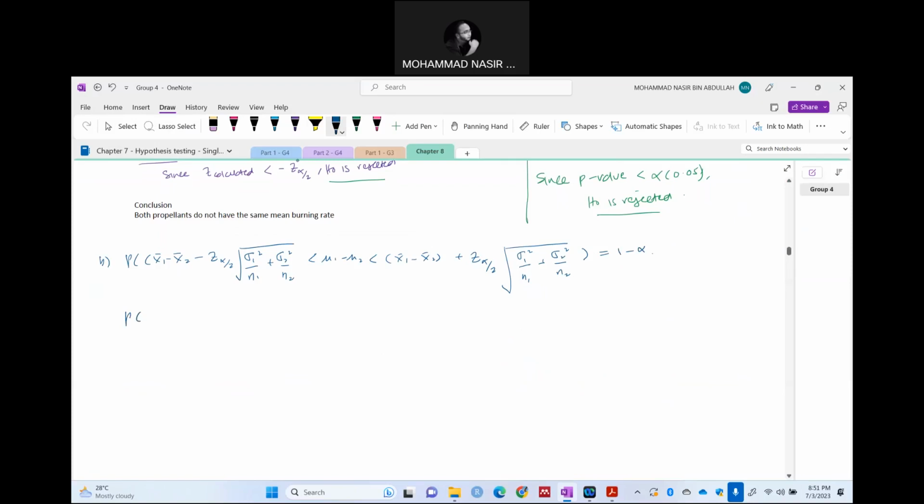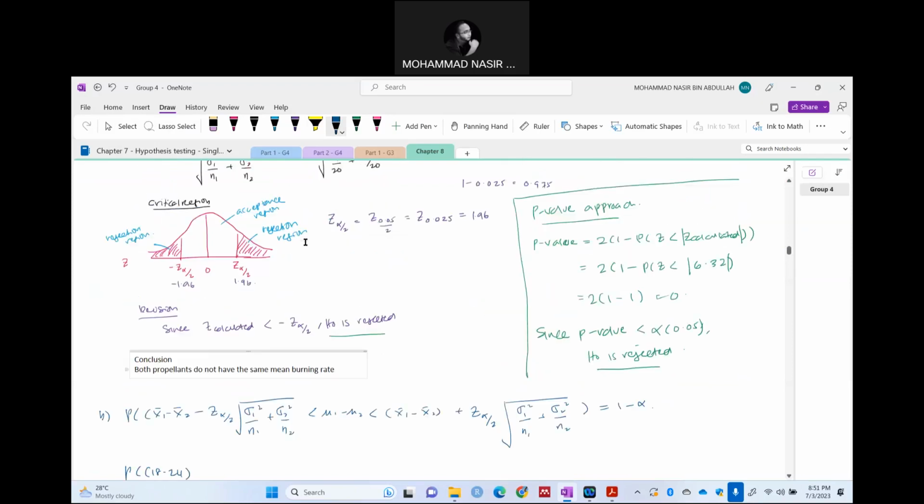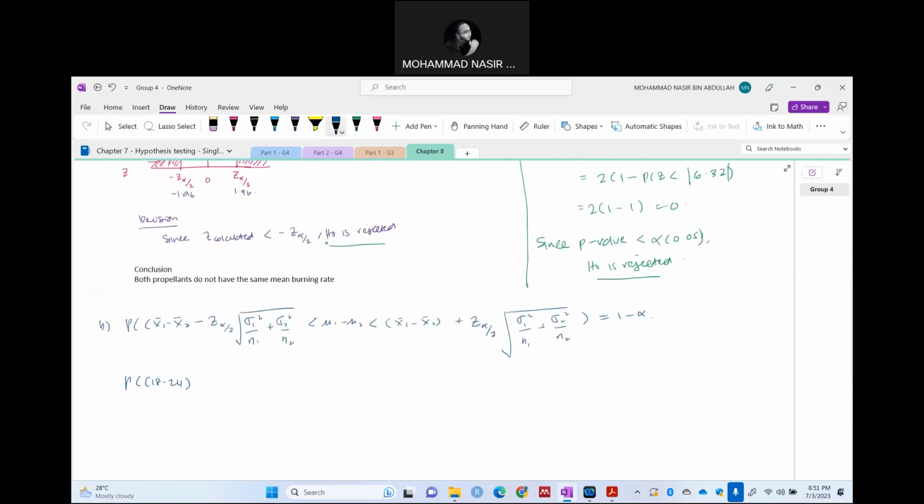So we just plug in the values into the formula. So P, 18 minus 24, minus Z alpha divided by 2. This is a 95% confidence interval, so it will be 1.96 multiplied by the square root of 9 over 20 plus 9 over 20, less than mu1 minus mu2, less than 18 minus 24 plus 1.96 times the square root of 9 over 20 plus 9 over 20.